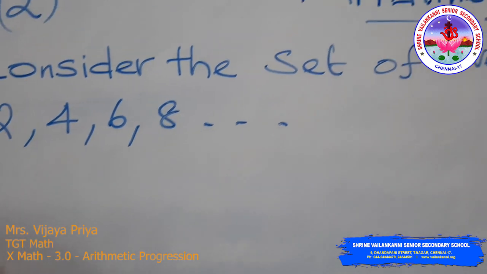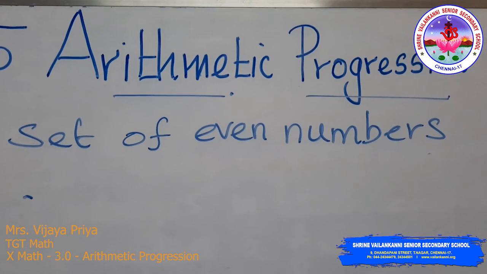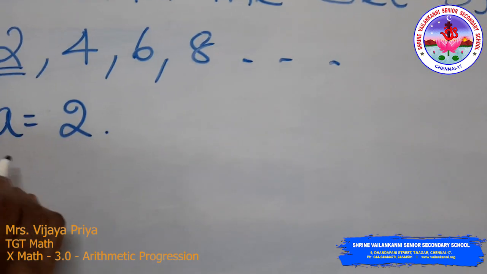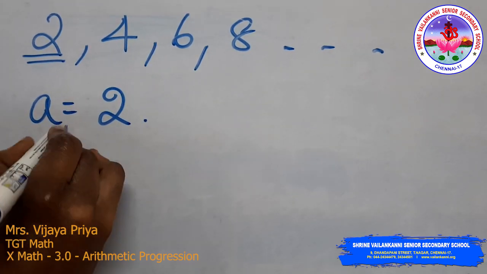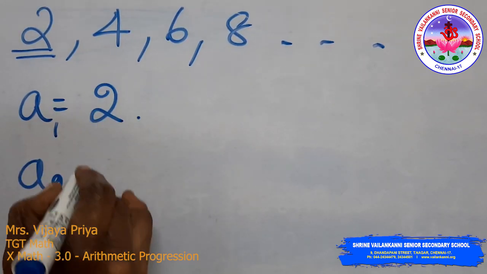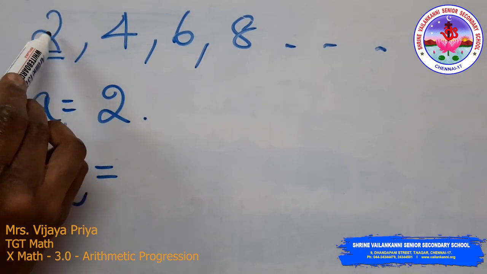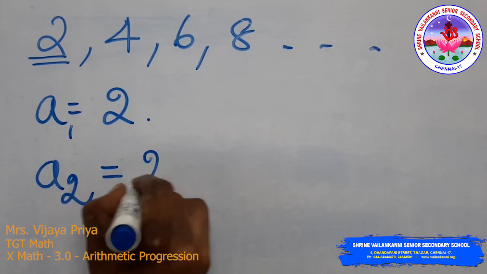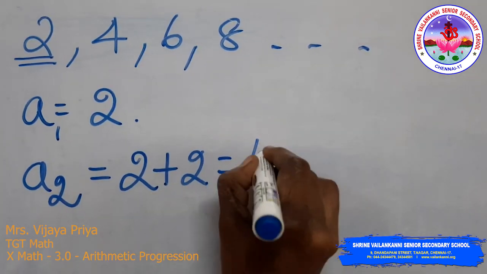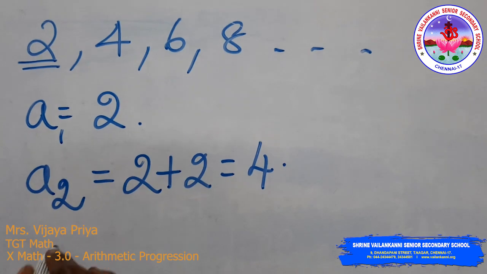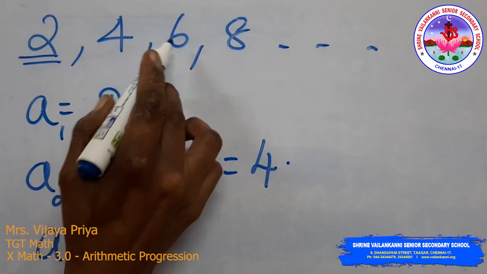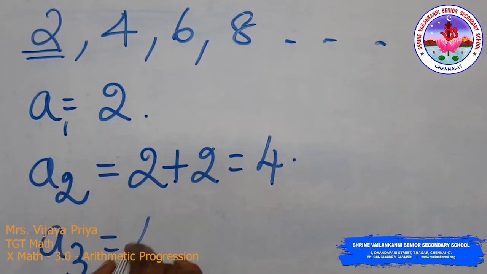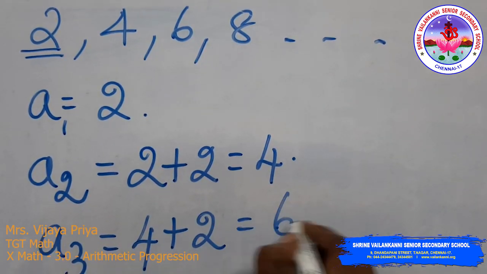First we take the first term A equal to 2, which I call A1 or A. The second term, A2, is obtained by adding 2 to the preceding term, so 2 plus 2 is 4. The third term is 6, which I got by adding 2 to 4.